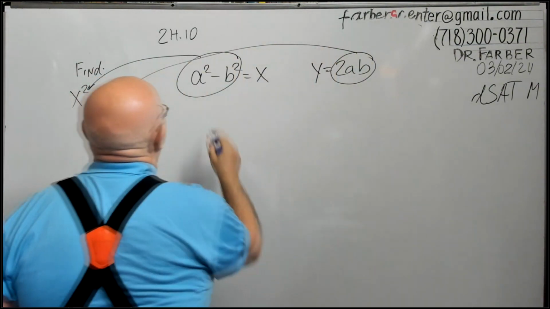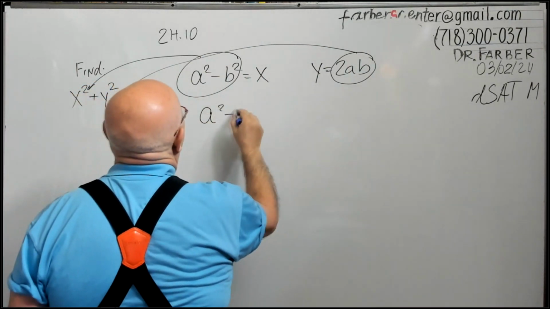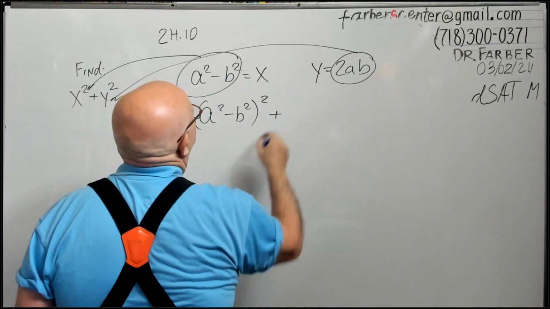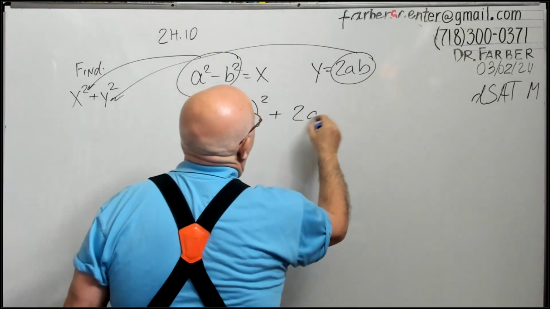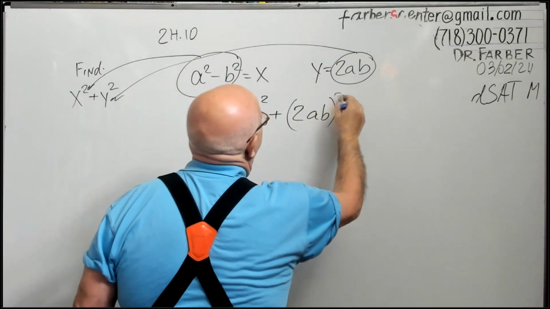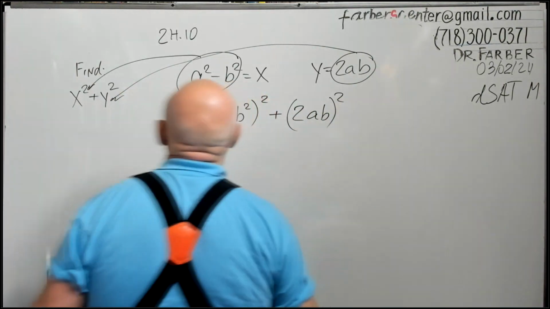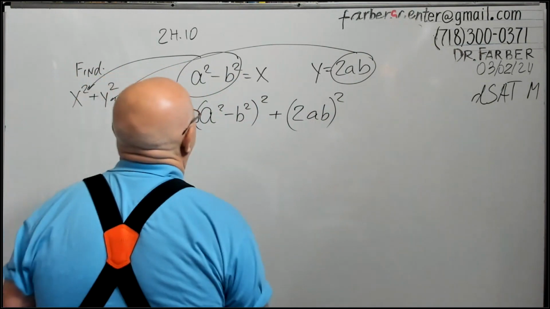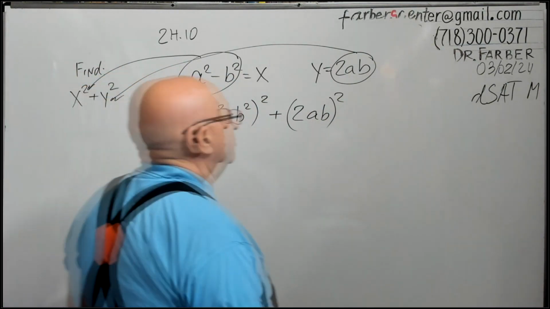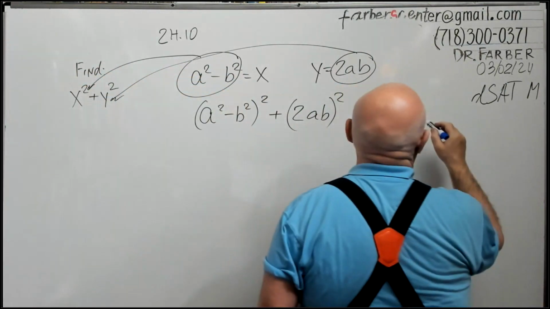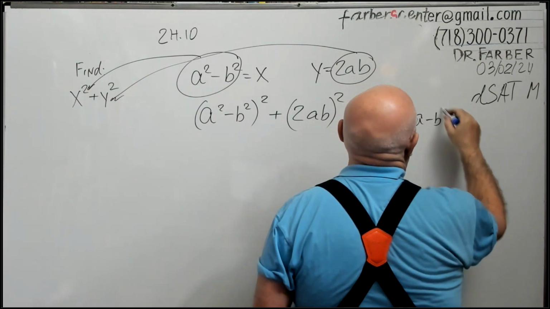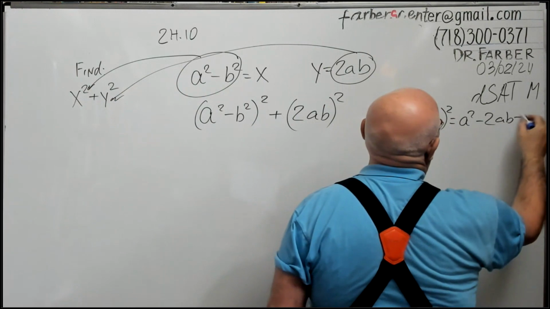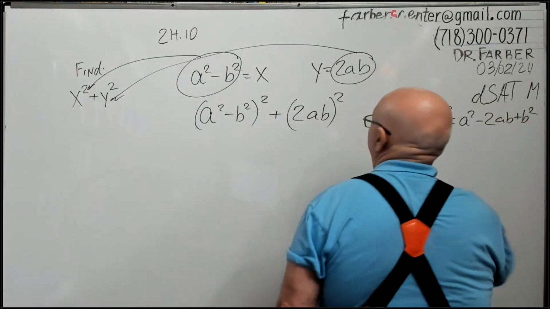And what I'll have? a squared minus b squared to the second power plus 2ab to the second power. And they ask you which is equivalent. Well, open parentheses, I apply this formula: a minus b to the second equals a squared minus 2ab plus b squared.